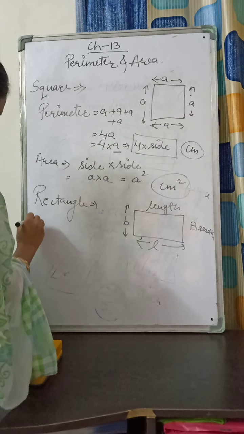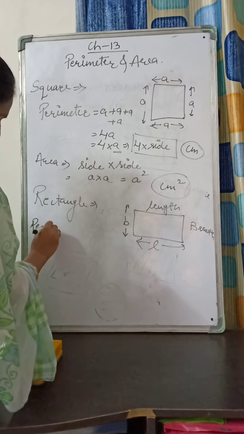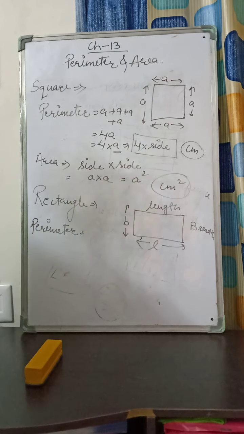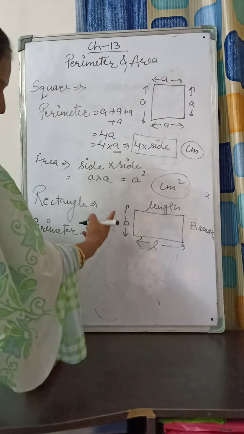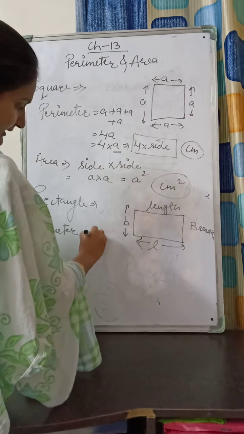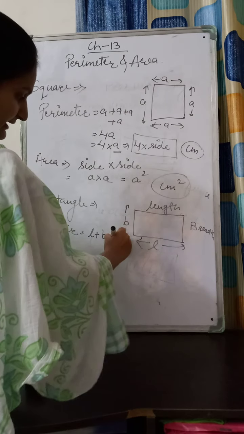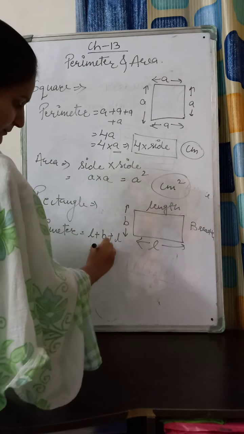So here we will find the formula for the perimeter of a rectangle. If we start from here, the perimeter is length plus breadth plus again length plus breadth.